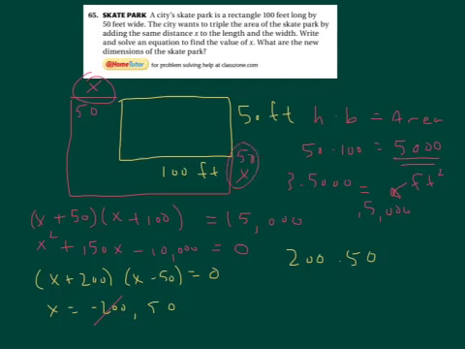So our new lengths are going to be 50 plus 50, which is 100, by 100 plus the 50 is 150. And when you multiply 100 times 150, you do indeed get 15,000. The only thing we need to add to polish up our answer are units. That's 100 feet by 150 feet.